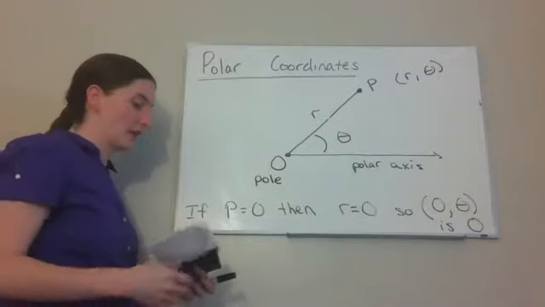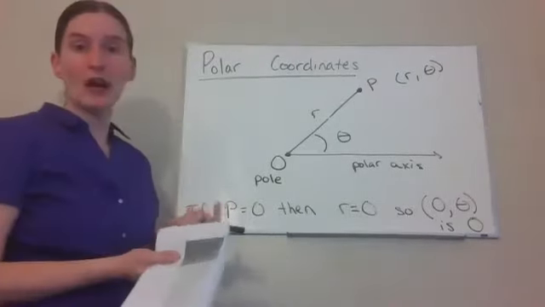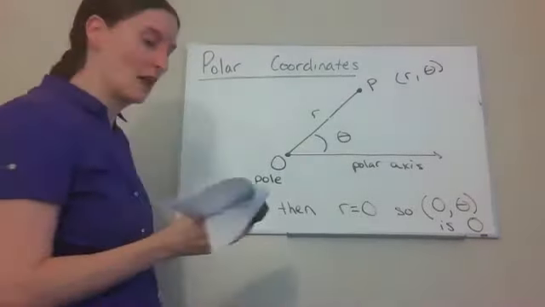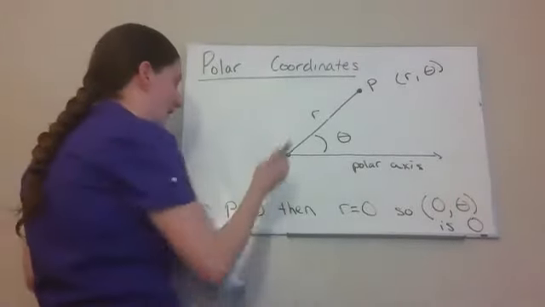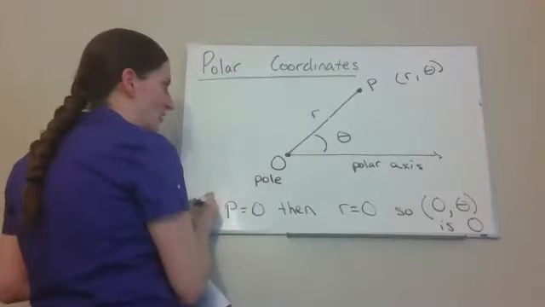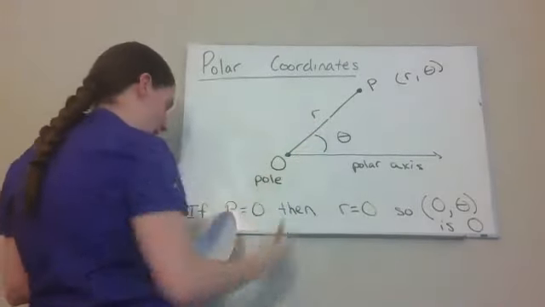Now, we also can extend to negative values for our r, even though r is a distance, by considering a negative r being going in the opposite direction of where my theta ends.